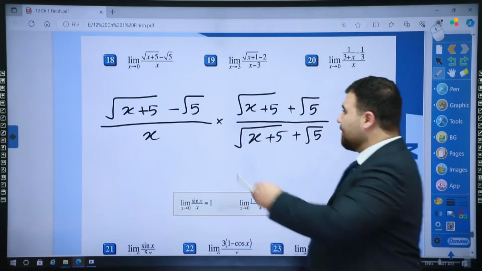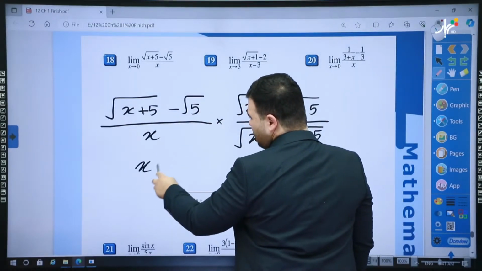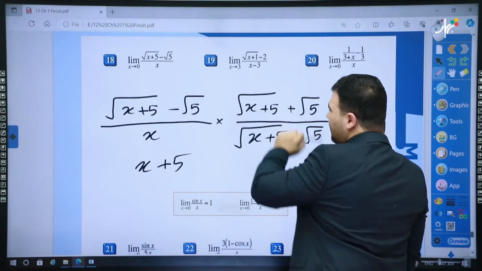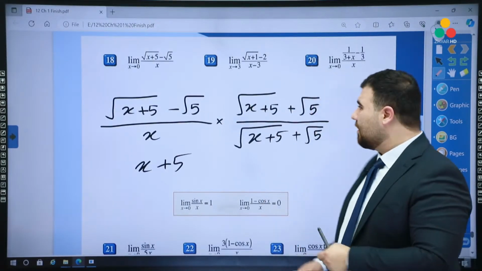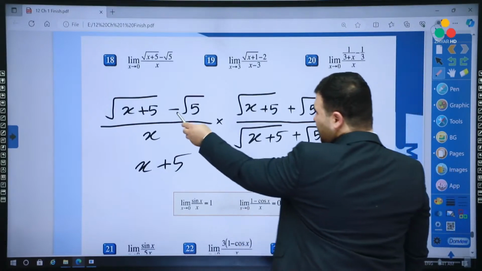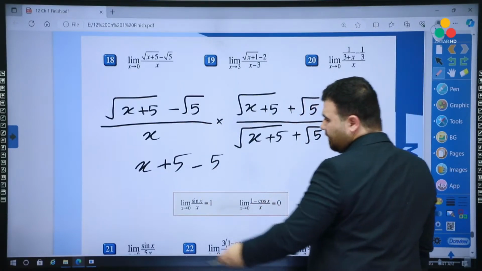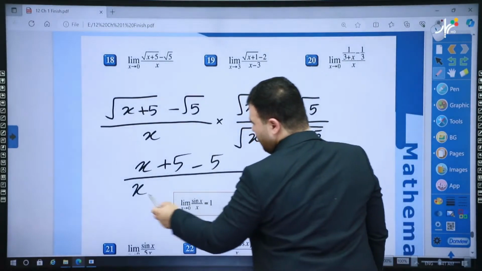Now, if we multiply these two, the square root will go away. It will be just x plus 5. And multiply these two. If we multiply two numbers, they both have square root. The square root will be cancelled. What's remaining, positive times negative is negative 5, over x times this.